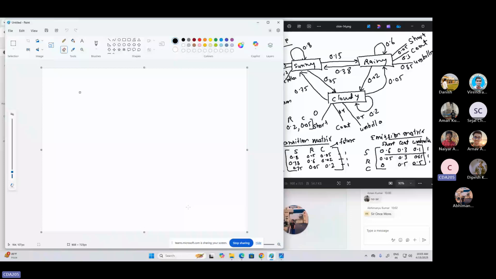I told you that we have to find one possibility, that is sunny, rainy, and cloudy. And we have the observed state, coat, and this is umbrella.